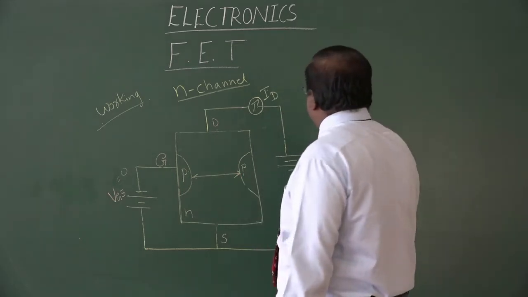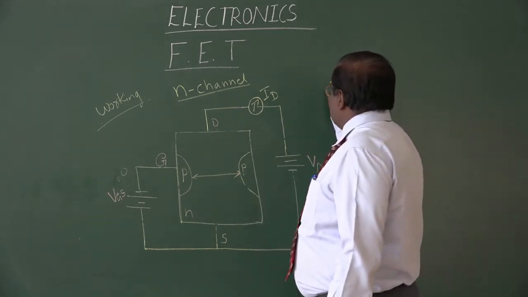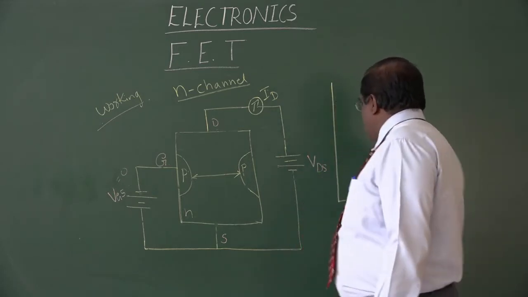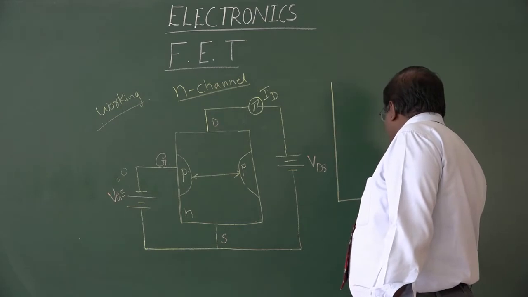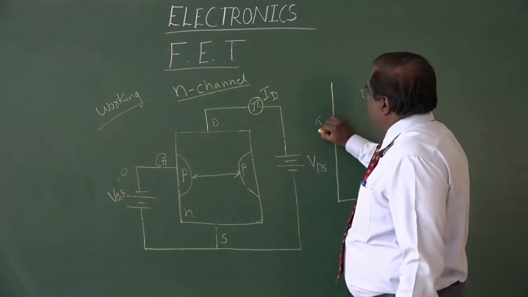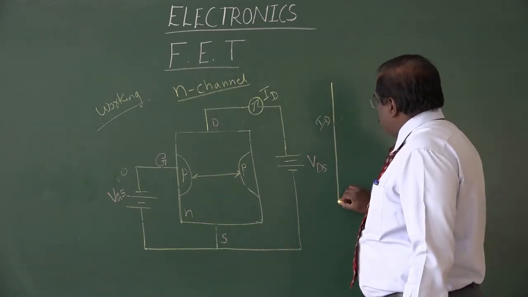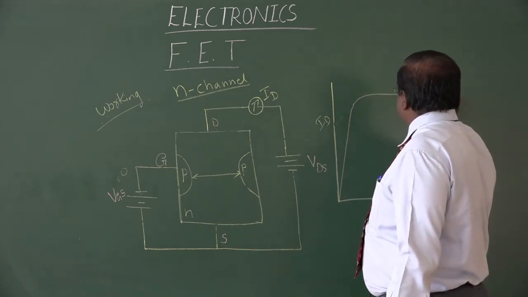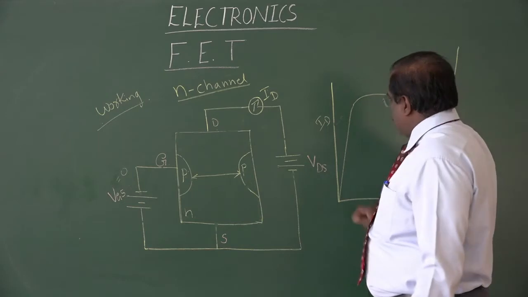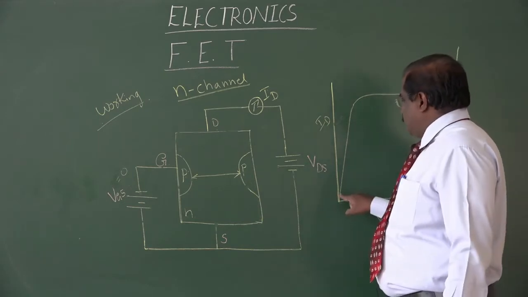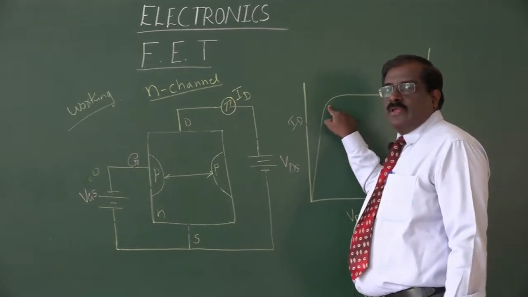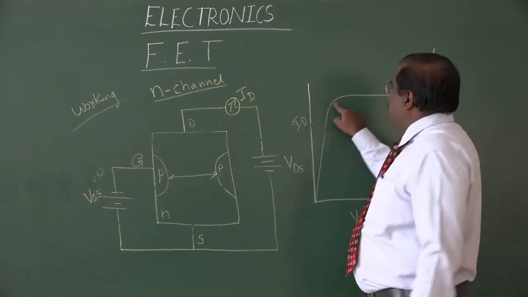So when we draw the graph of VDS versus ID, as you vary the VDS, ID increases.